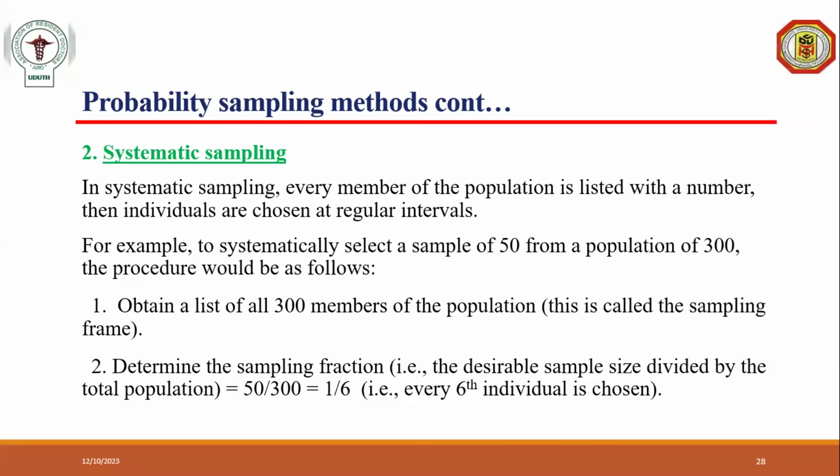Number 13, which is the 5th person. From number 13, the next person will be number 18. From number 18, the next person will be number 23. That is how you will be selecting them until you select all your 20 people. So once you select your 20, then you are good to go. So that is what we call systematic sampling technique.